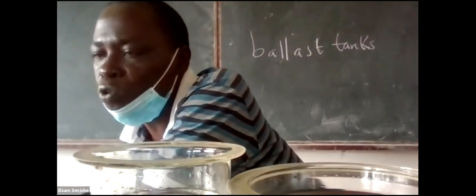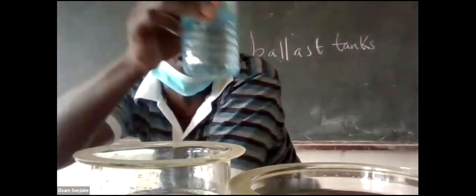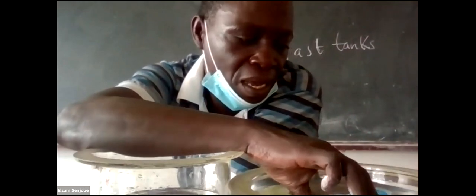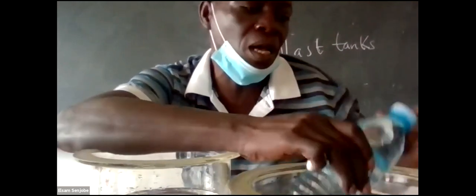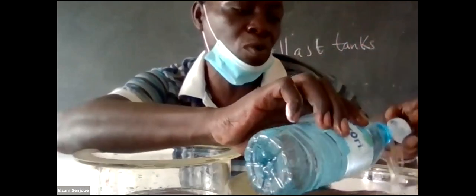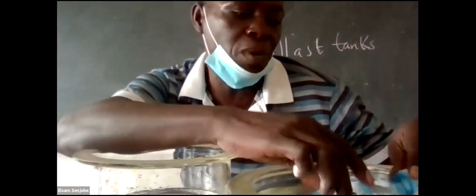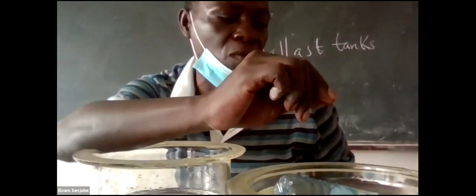Pumping in water, remember we have this. When we pump in water, the submarine sinks. When we get out water, I'm going to pour out the water. Now you tell me the level of sinking. The submarine decreases the level of sinking.